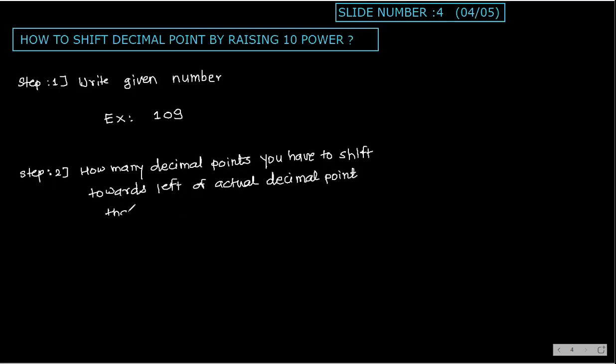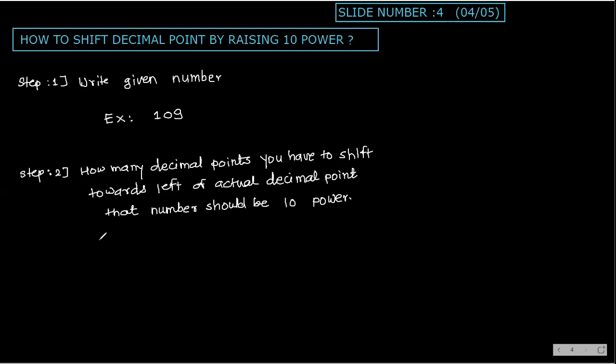That number should be 10 power. How many decimal points you have to shift towards left of the actual decimal point, that number should be 10 power.